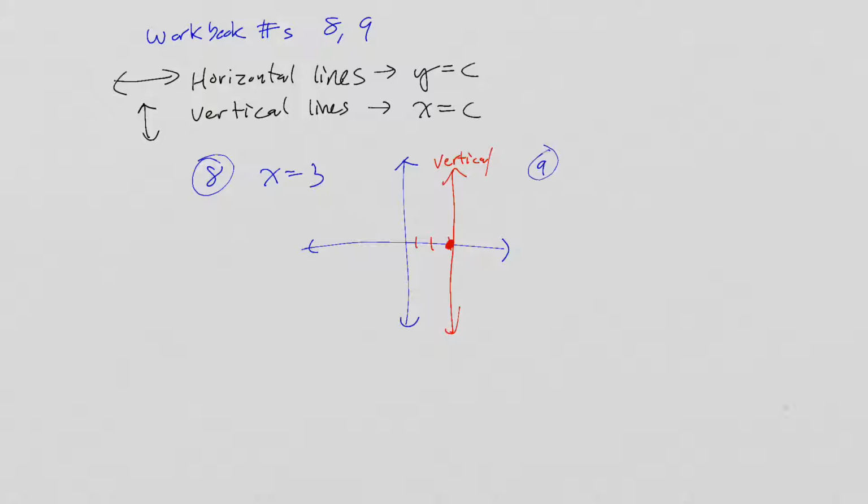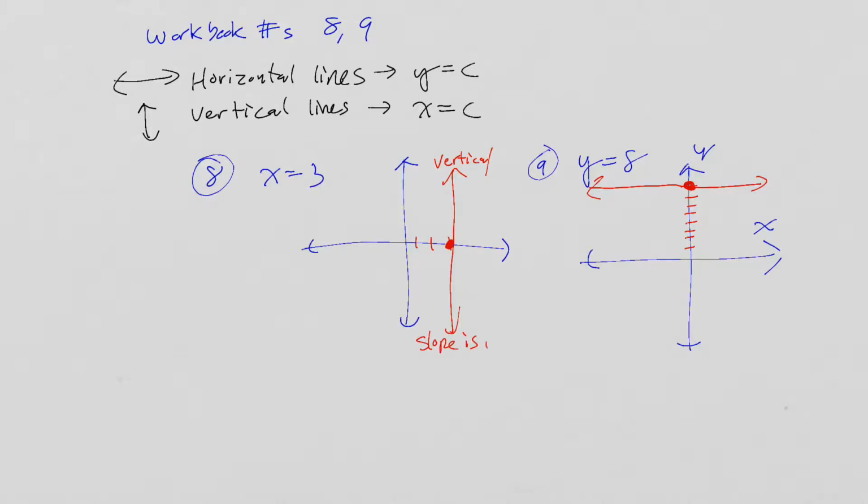And then number 9 says y equals 8. So we go to y equals 8, 1, 2, 3, 4, 5, 6, 7, 8. Plot, and remember, it is a horizontal line. So this one, slope is undefined. And this one, slope is 0. That's why the x is missing.